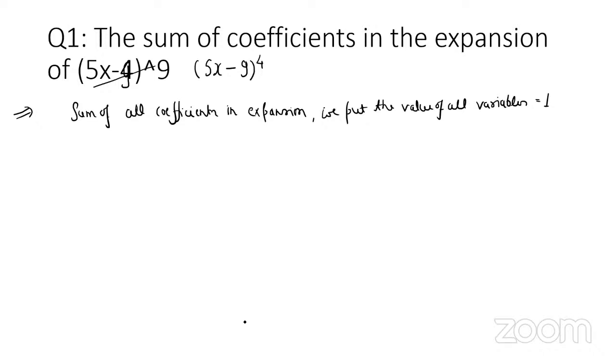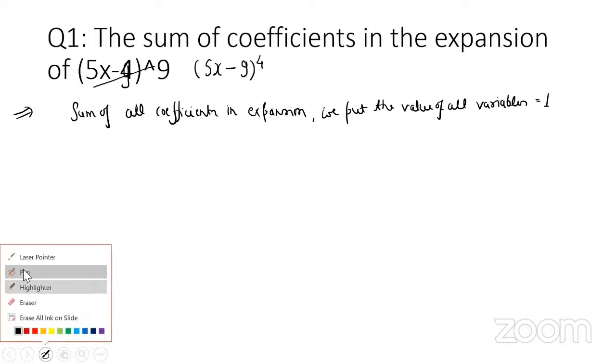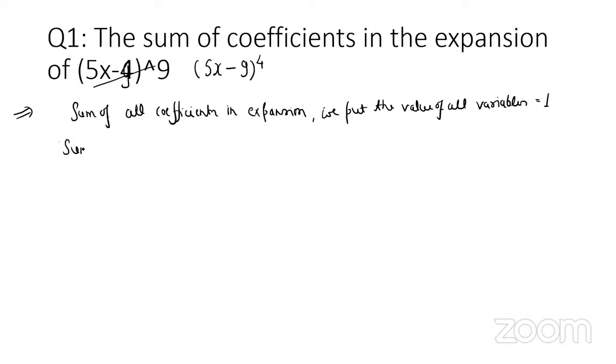In this question, I'm sure everyone is clear what the answer could be. The sum of all coefficients: as I told you, we just put the value of all the variables as 1. In this question the expansion is 5x minus 9, so the value of x, the only variable here, should be 1.